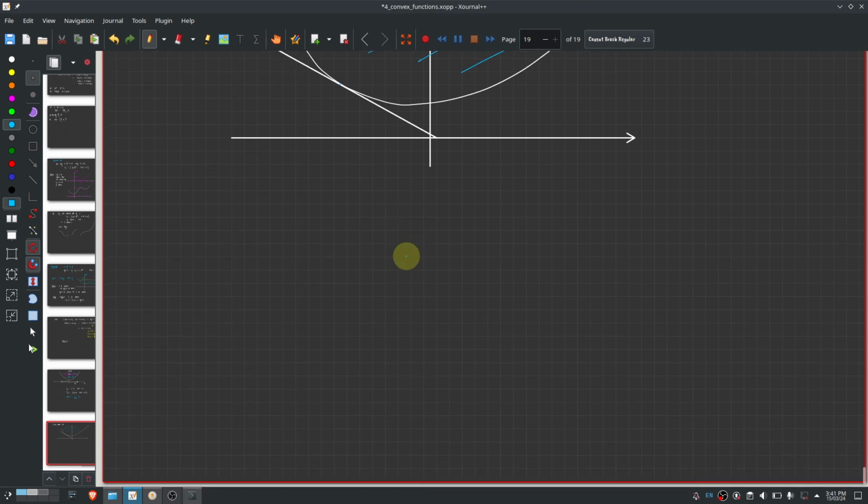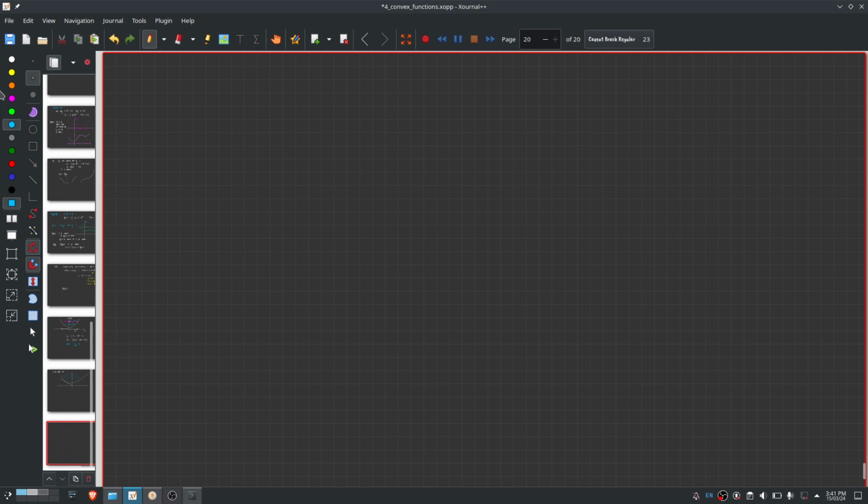Okay, so let's go back to our original definition of convex functions.